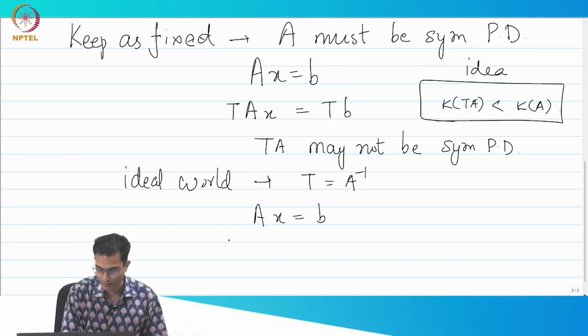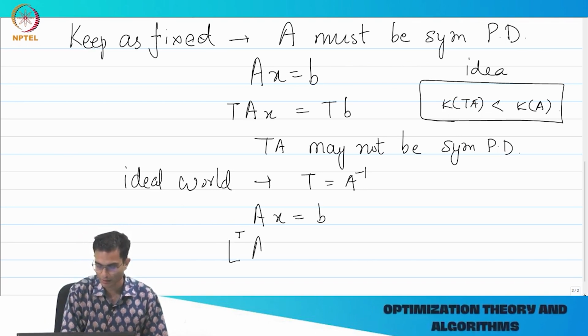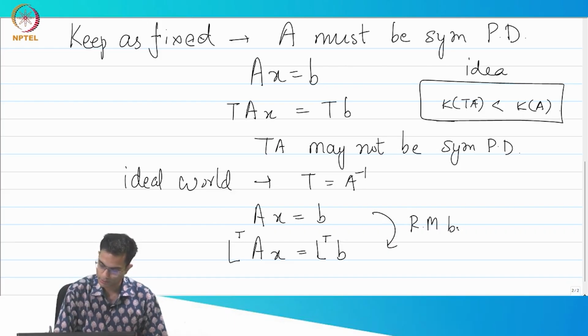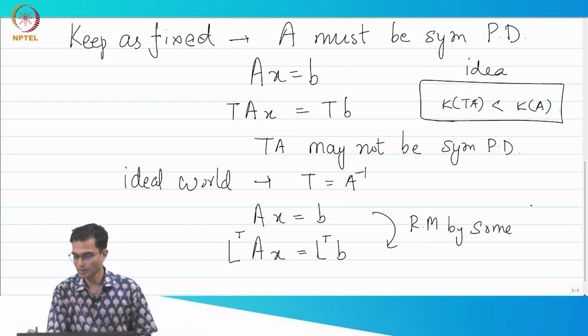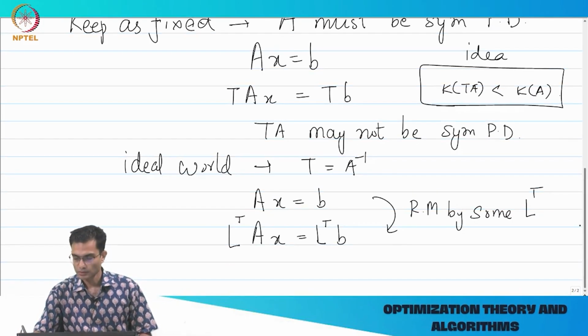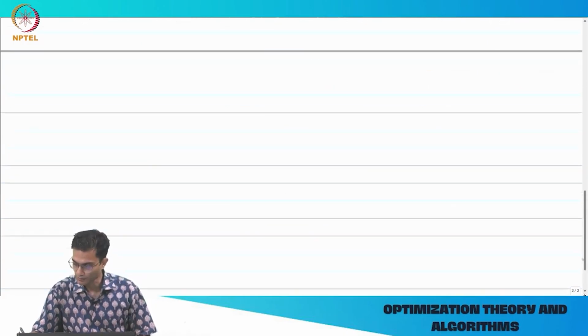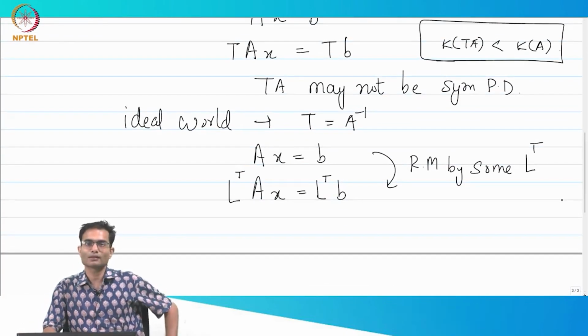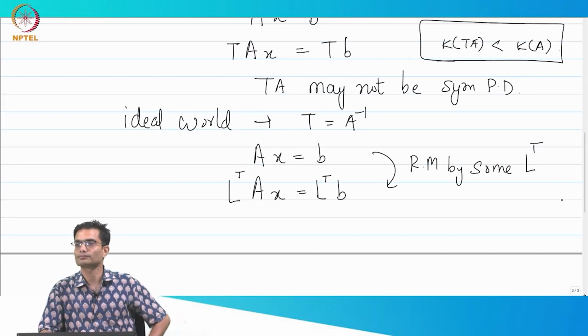I am going to multiply by, say, a new matrix L transpose Ax is equal to L transpose B. So I am doing a right multiply by some new matrix. L transpose could be my T. I am still in the same problem as before, that I do not know whether it is positive definite or not. But is there a clever trick I could do?